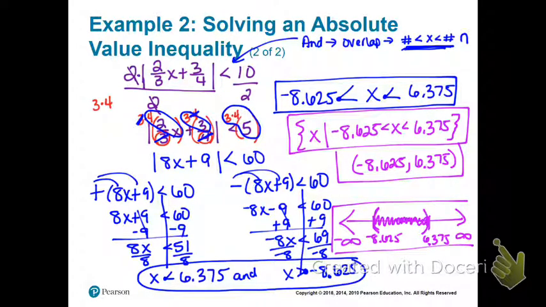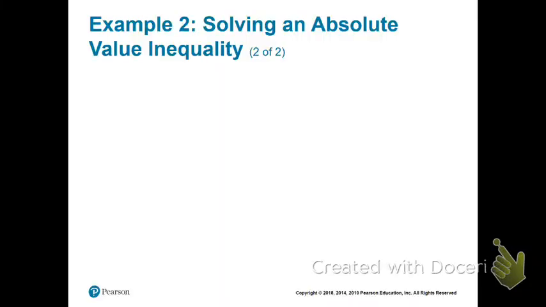All right, so the only other thing you have to watch out for is what if, when I get to the end, I have like x is less than negative 7 and x is greater than negative 7.